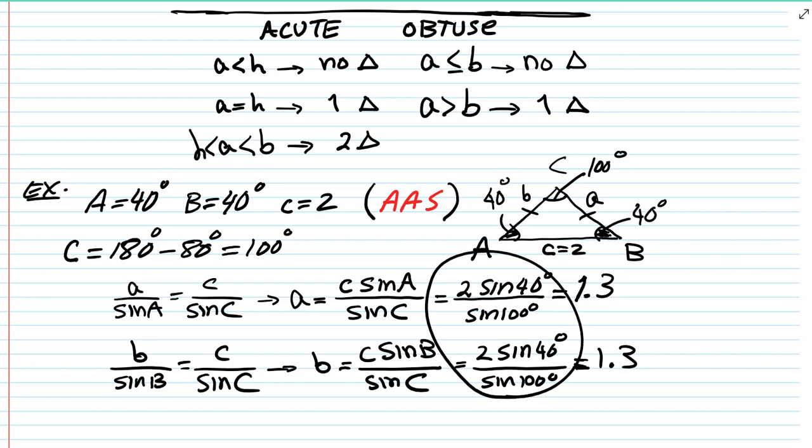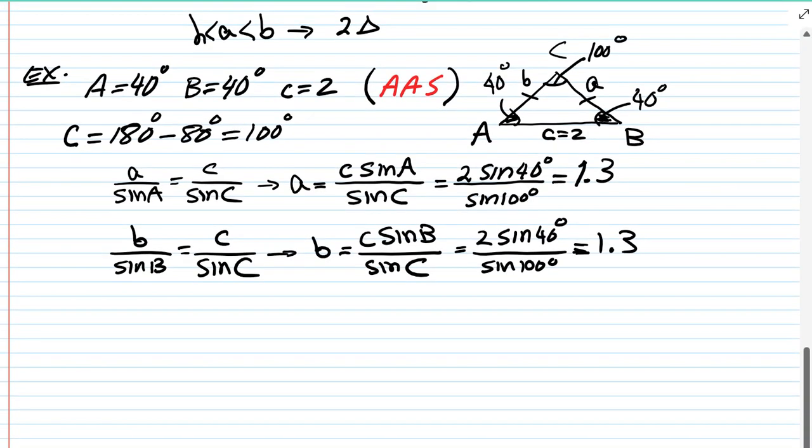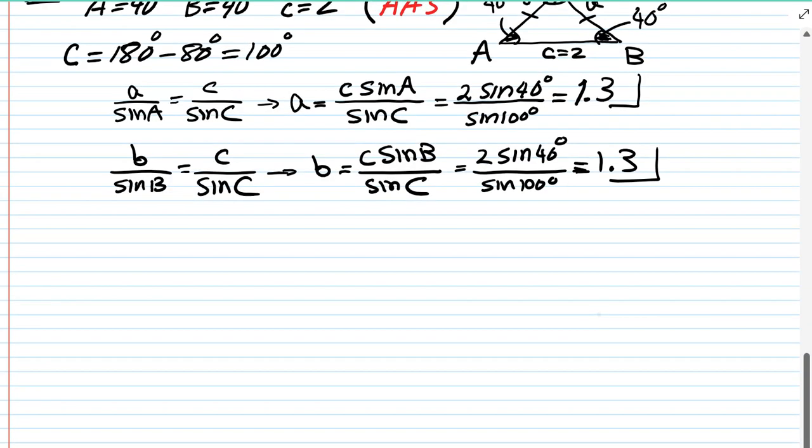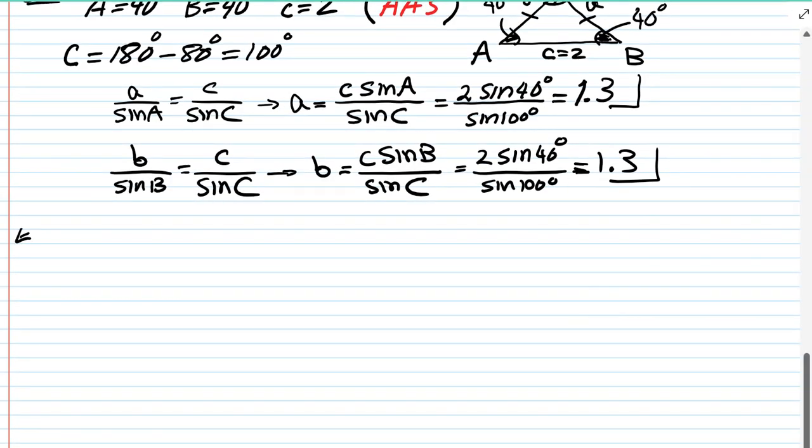Right? They look the same. All right. So we have solved the triangle again. We have the measure of all three sides and all three angles. That's what solving the triangle means. Perfect. That one is done.